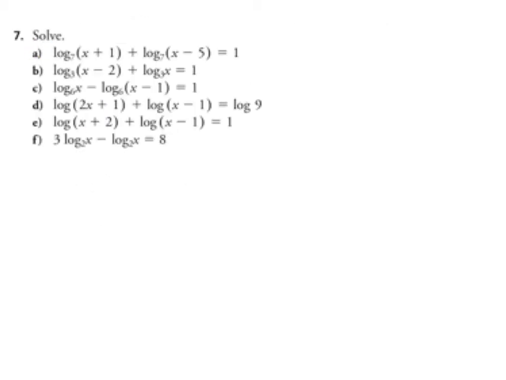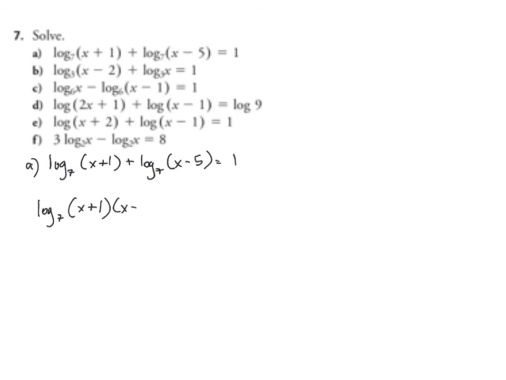Alright, looks like we're doing more solving. Part A. Log base 7 of x plus 1 plus log base 7 of x minus 5 equals 1. So this is log base 7 of x plus 1 times x minus 5 equals 1.